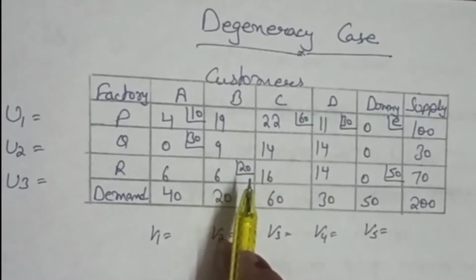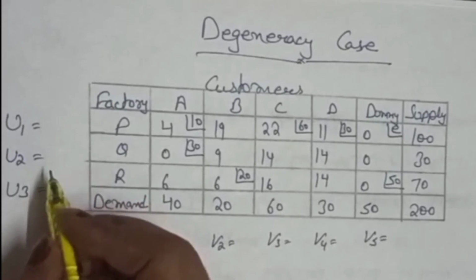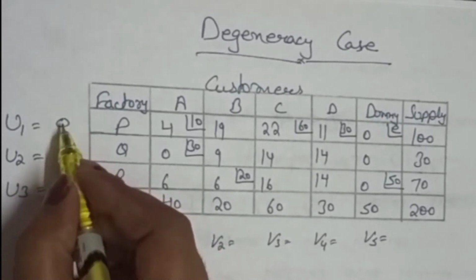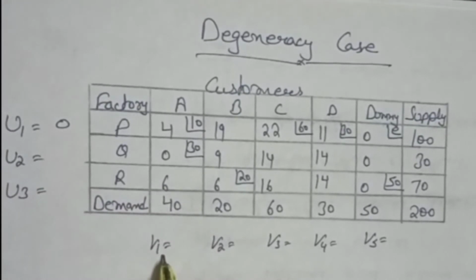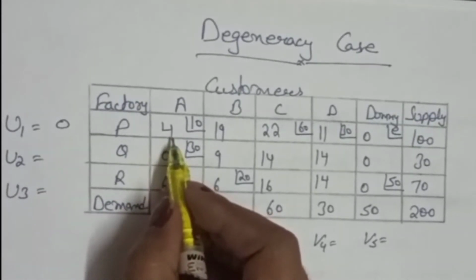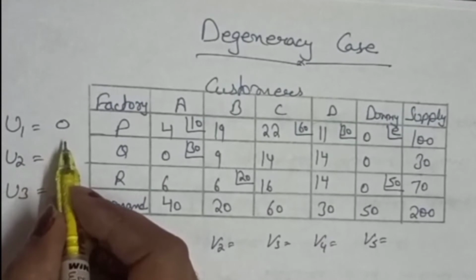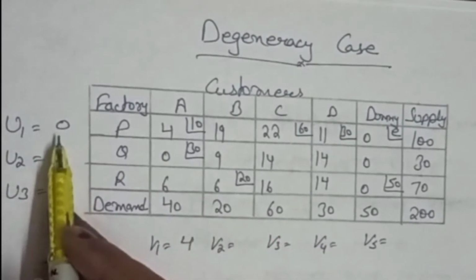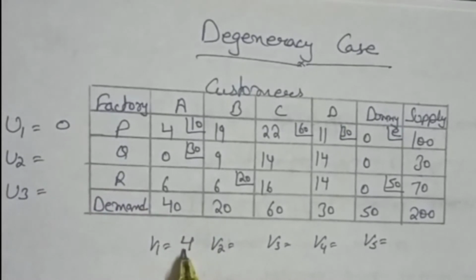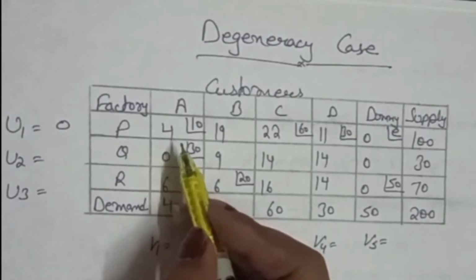Now we will find our ui and vj values. First of all, we will write 0 as our u1 value. Students, u1 plus v1 is equal to this cell. So we have u1 equal to 0, so v1 is equal to 4, because this plus this value is equal to this cell value.